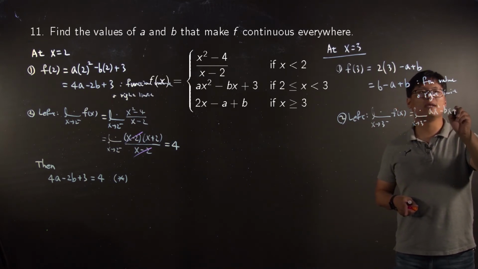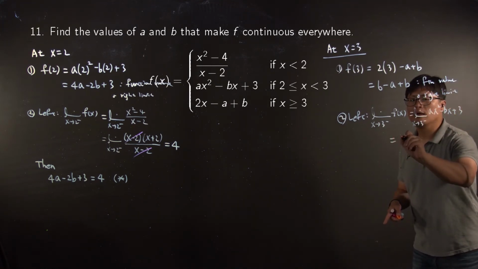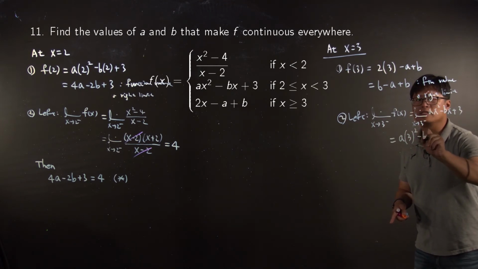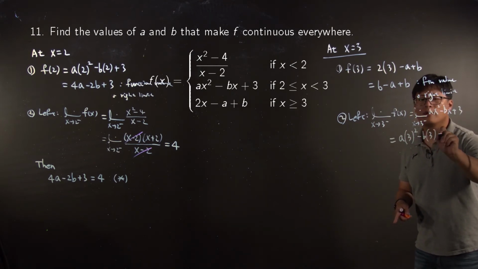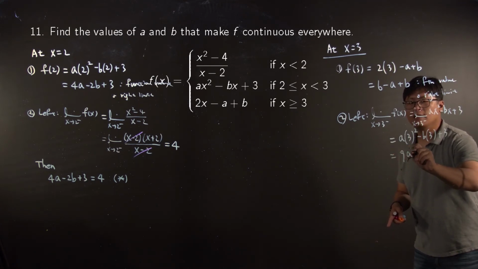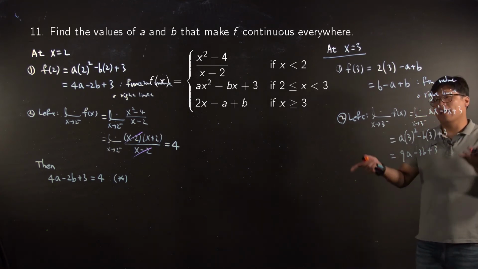We can simply evaluate by plugging 3 in there. It is equal to a times 3 squared minus b times 3 plus 3, which is 9a minus 3b plus 3.